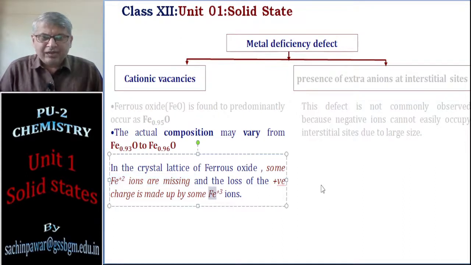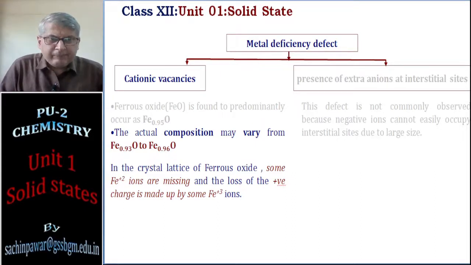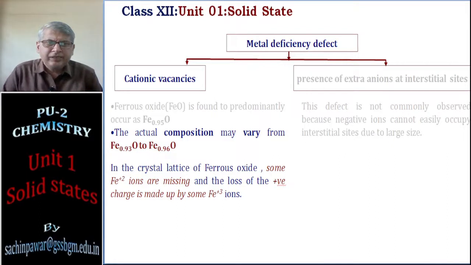So I'll just show this by a diagram. Suppose we have Fe+2, O-2, Fe+2, O-2, Fe+2, O-2, Fe+2, O-2, Fe+2. Suppose one Fe+2 ion is leaving the site. So here you see a positive charge is disturbed.